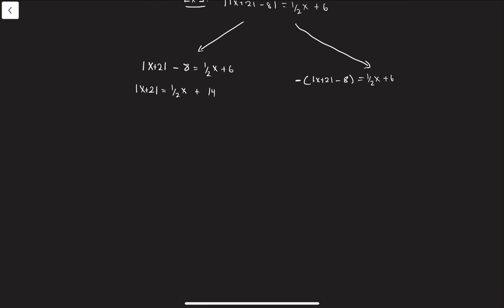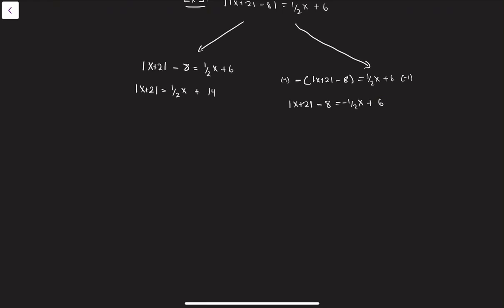And on this side, we'll distribute the negative onto the other side. So we'll multiply both sides by negative 1 so that we can flip the sign. So we'll get the absolute value of x plus 2 minus 8 equals negative 1/2 x plus 6.